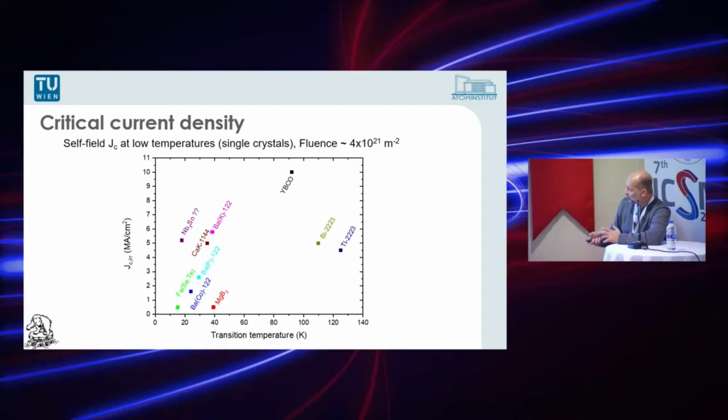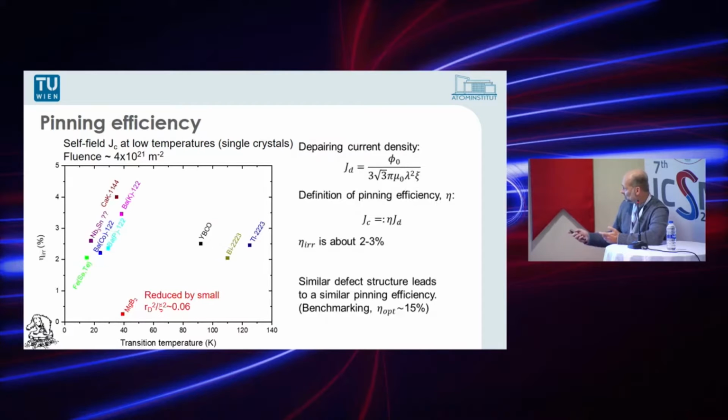The reason is the bearing current density, which is given by Ginzburg-Landau theory according to this expression. If I now normalize JC by the bearing current density, I get the so-called pinning efficiency, and then everything makes sense. You see that all these materials collapse to 2 to 4% pinning efficiency, meaning that we now have a similar benchmarking defect structure, and then you get, of course, the same behavior.